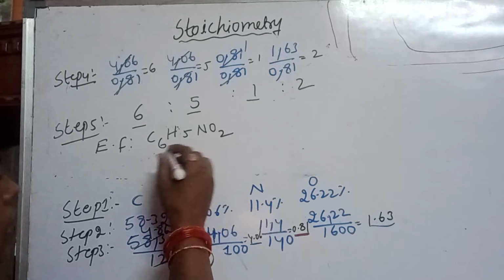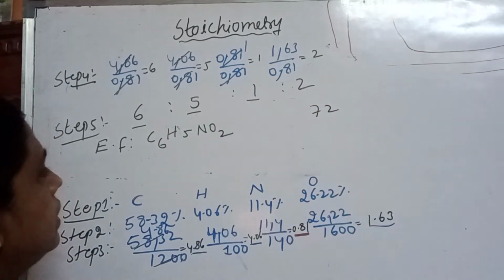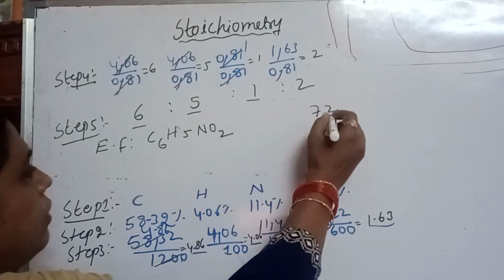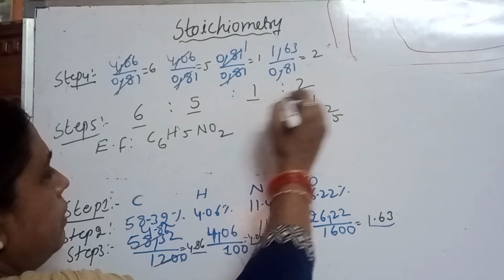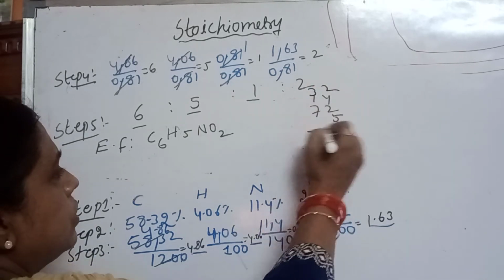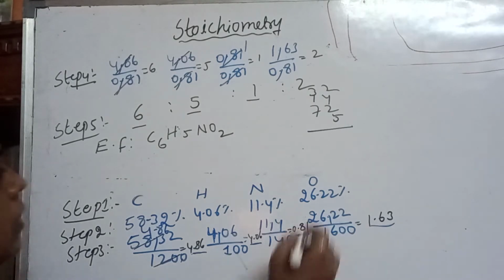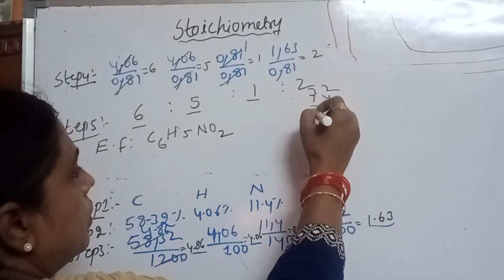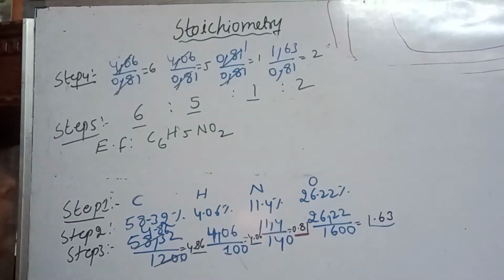By adding the atomic weights: 6 times 12 is 72, then 5 for the hydrogens, nitrogen 14, and oxygen 32. But this is the empirical formula only, not the molecular formula.